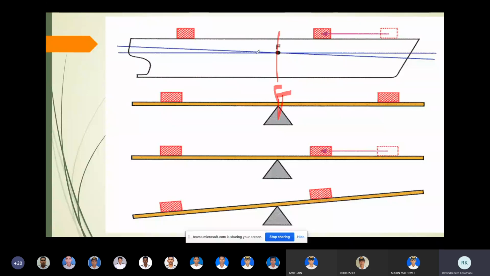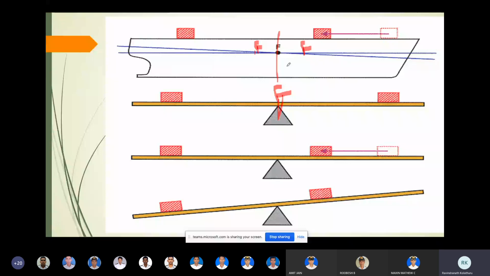It can be anywhere, maybe a little aft or a little forward. It depends on where the weights have been distributed and how the weights are being shifted from one place to the other. The LCF value changes accordingly.